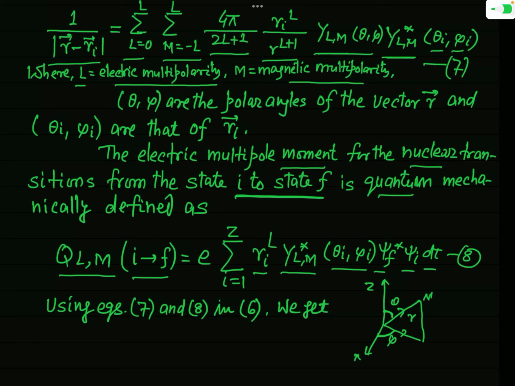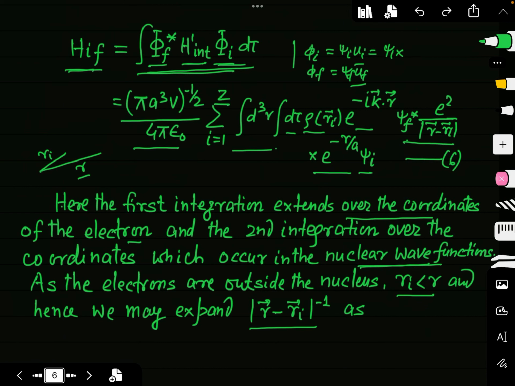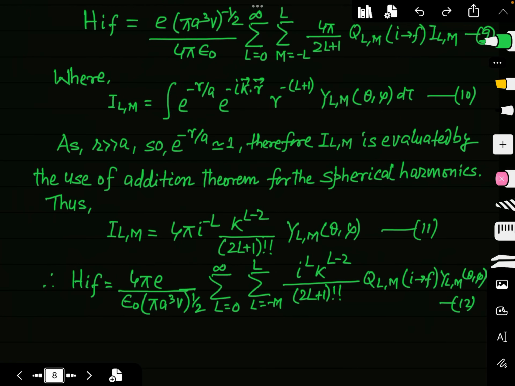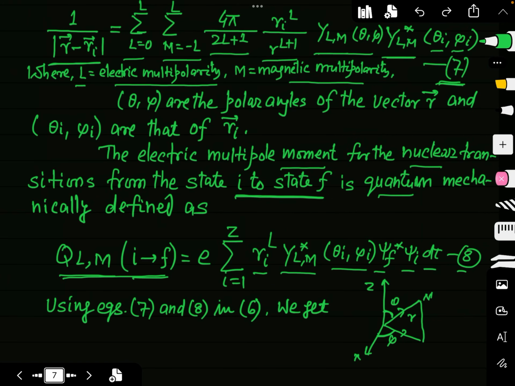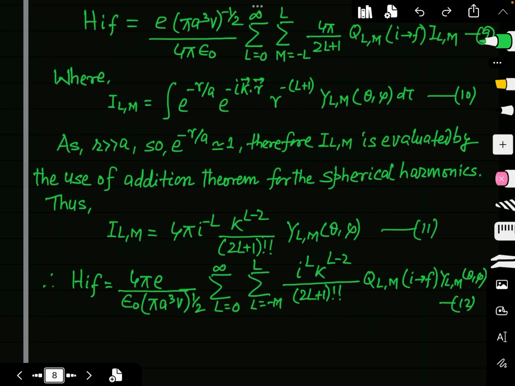Now, this value of Q_LM from I to F and the value of 1 over mod of R minus r_i, which we have obtained in equation 7. When these two values, defined in equation 7 and equation 8, are used in equation 6, see here, then what will be the value of H_IF, that is the matrix element?